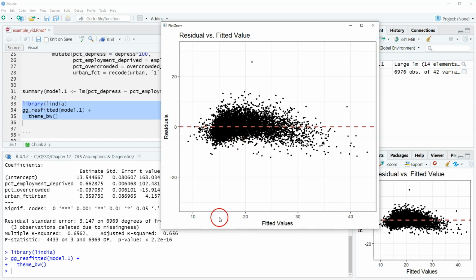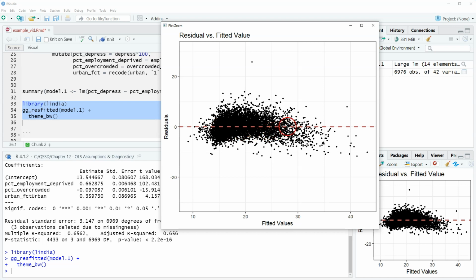We have our fitted values on the x-axis, and our residuals on the y. What we're doing here is looking to see, as we increase on our fitted values, are the local means of the residuals roughly 0? So we're eyeballing this, essentially. Through the middle here, you could say, yeah, pretty much.